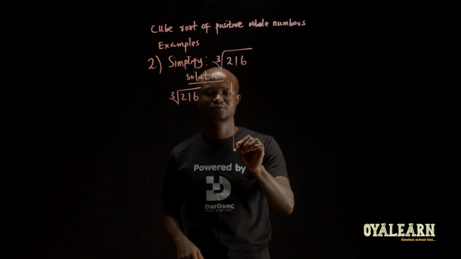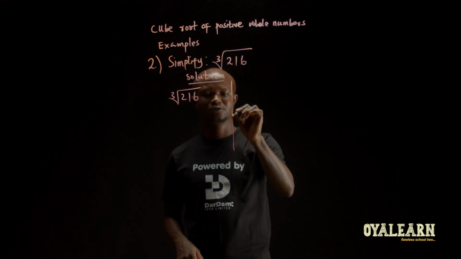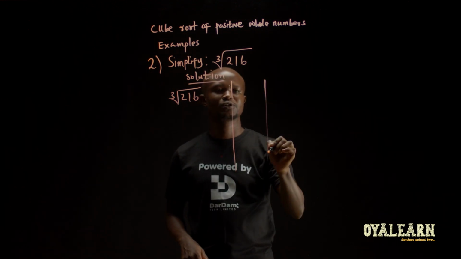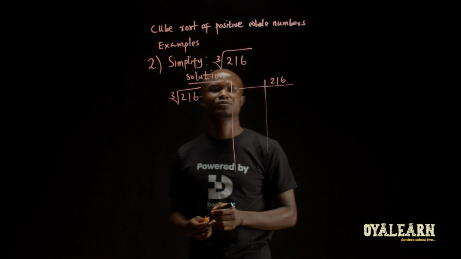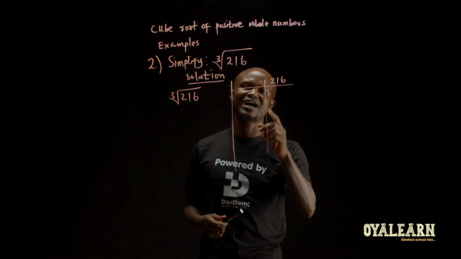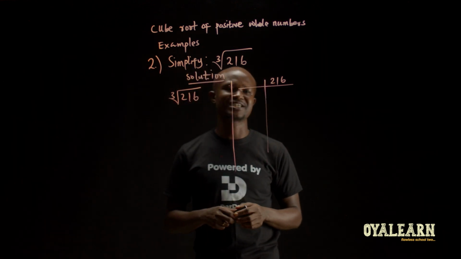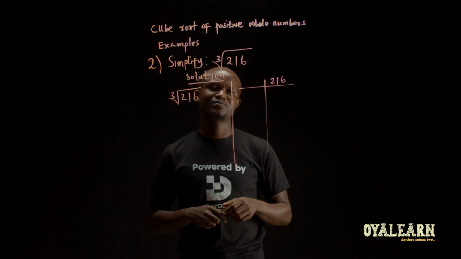Using our table, 216. Now, what number will divide 216 such that by the time you divide 216, there won't be any remainder?